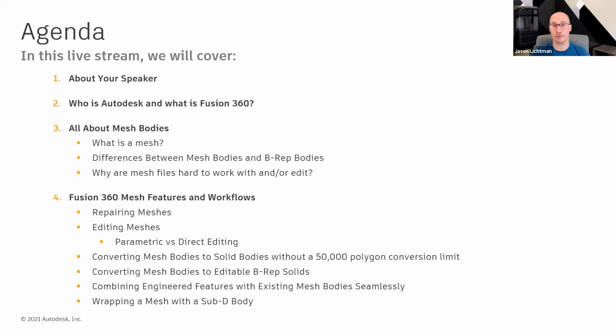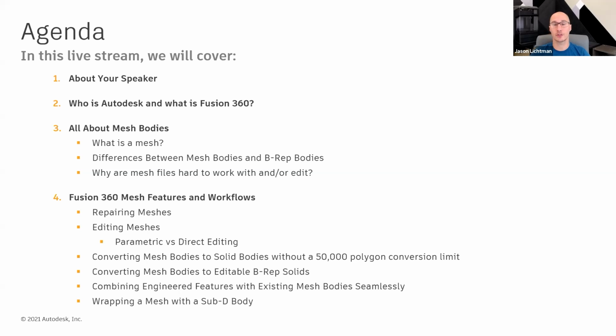That'll be especially relevant to any of you that come from other software, whether it's SolidWorks, CATIA, NX, Rhino, and a whole host of other competitor software. You might want to know a little bit about what Fusion 360 can do outside of the Mesh Workspace and tools I'll be covering. And then we're going to talk a little bit about meshes at the basic level.